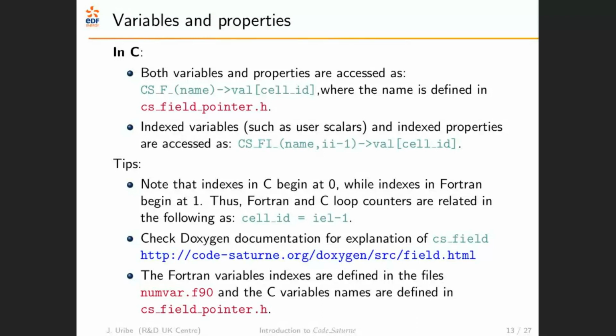In C, it's something similar, just done this way: cs_f_ and then you change the name for whatever IPR, IU, etc., whatever variable you want.